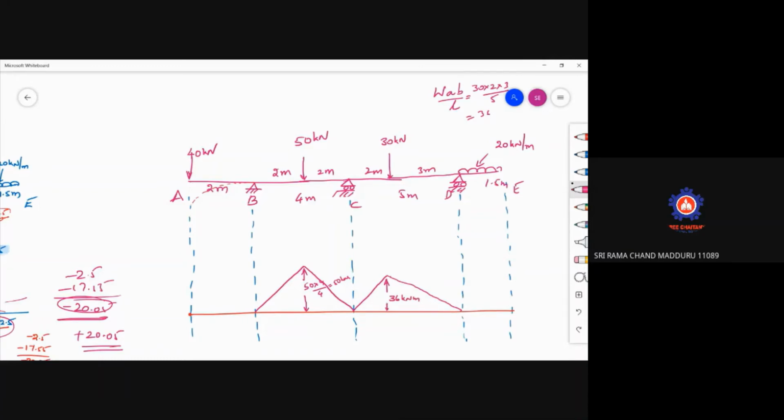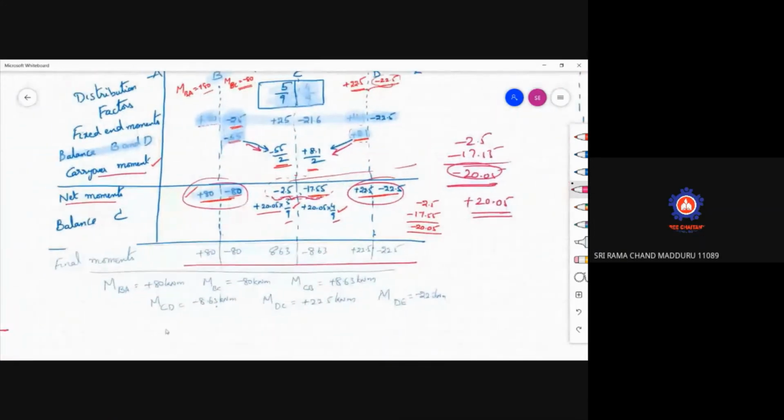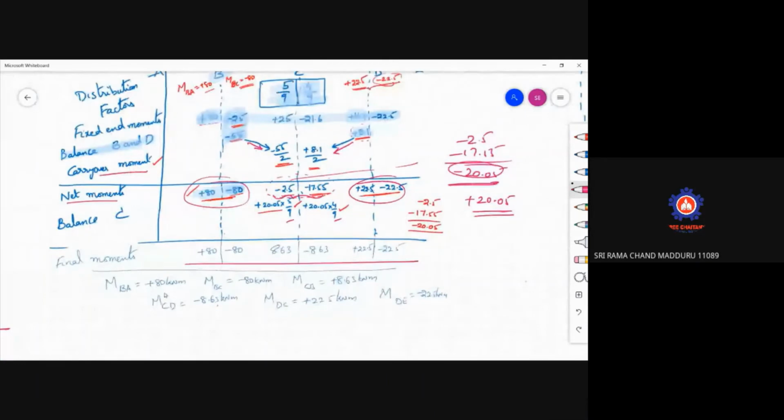Now we'll see how the negative bending moments are formed. What is the fixed end moment at B? Support moments are all negative.